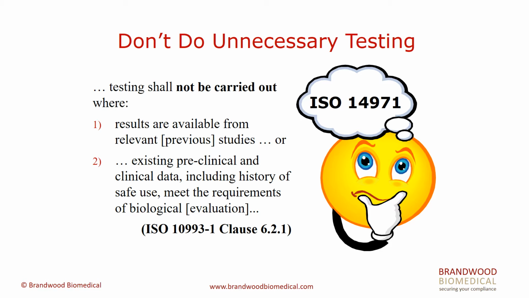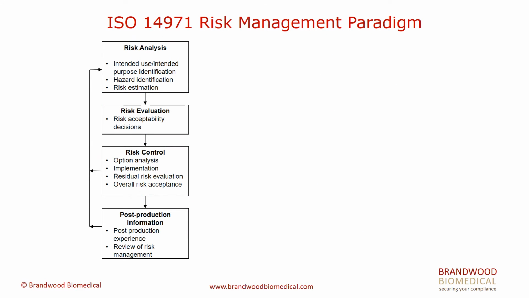You need to look at the whole body of information. And what I want to look at today is how we do that and how we decide when we need to test or when we can use other information. And basically that is best done within an ISO 14971 framework. So here is the flowchart taken from ISO 14971, the risk management standard.